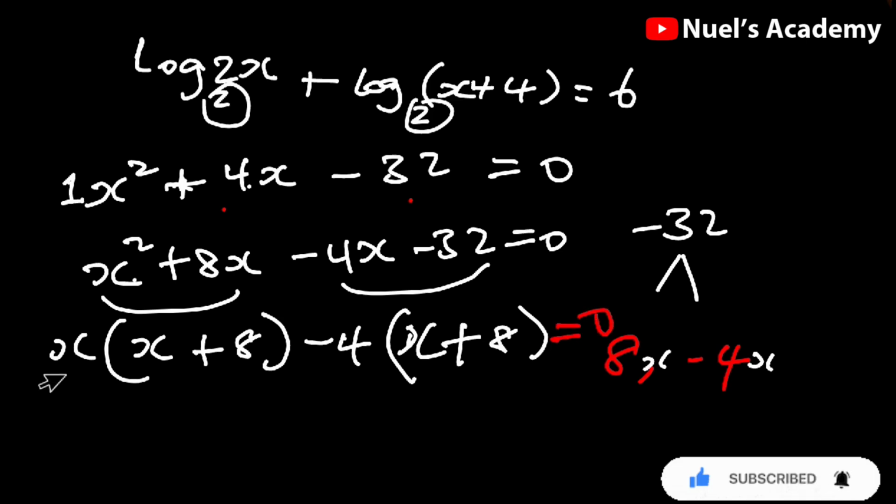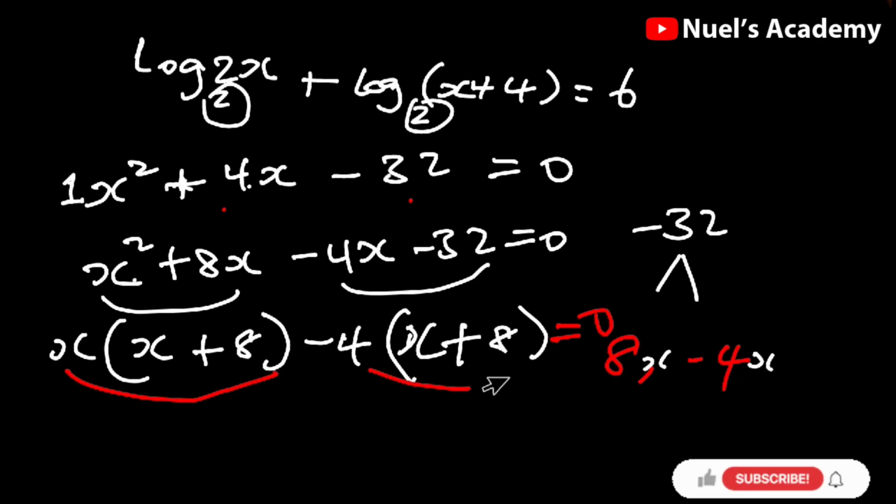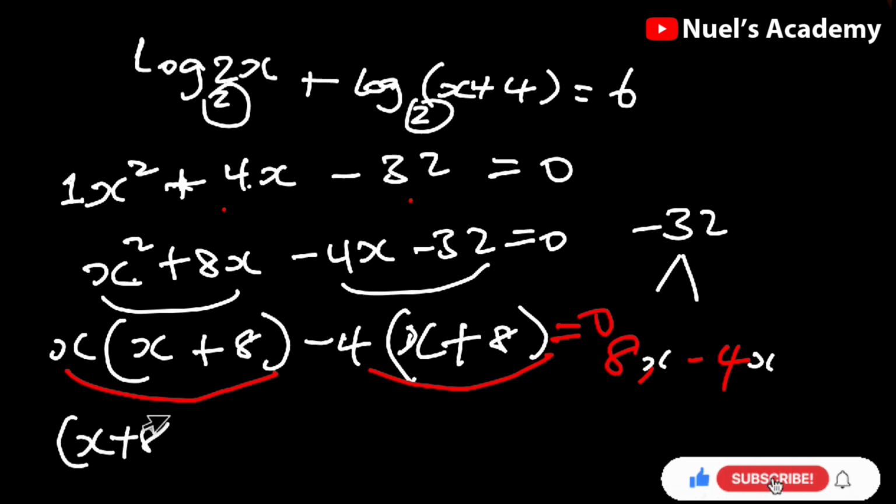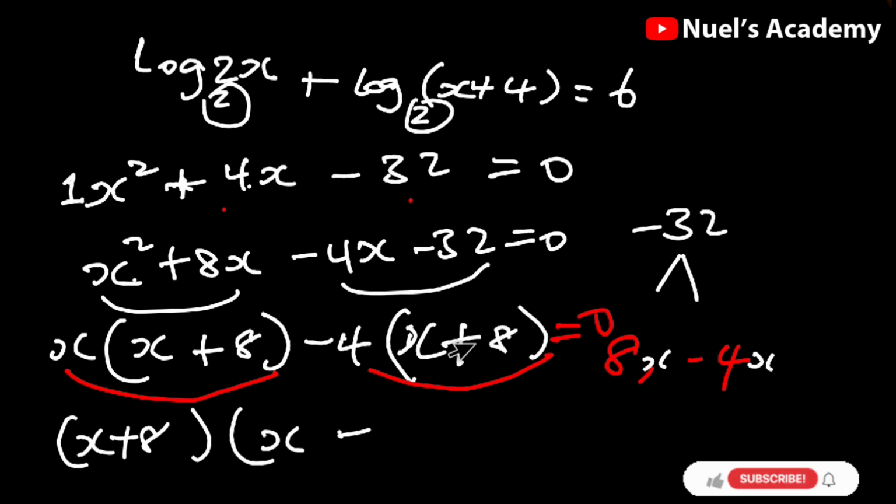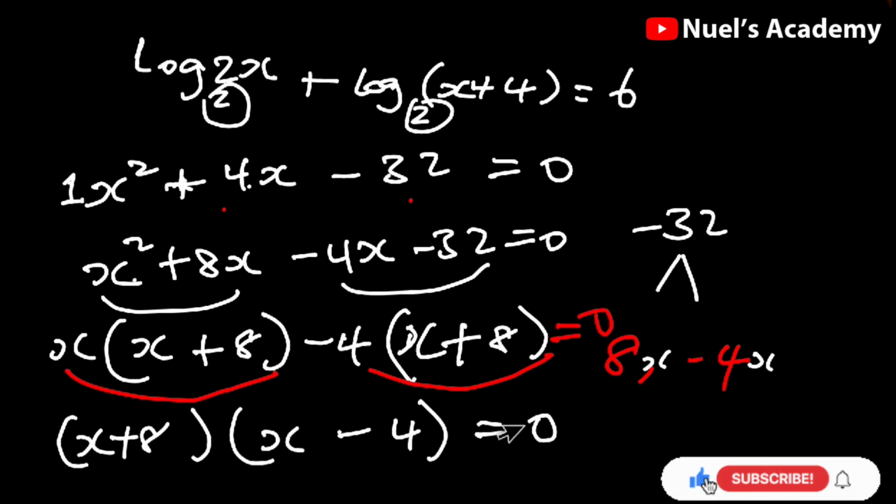So let's go ahead and factor out x plus 8 from these two terms. So we're going to have x plus 8. So x into x plus 8 divided by x plus 8 is going to give us x. Then minus 4 into x plus 8 divided by x plus 8 is going to give us minus 4. Then equal to 0.